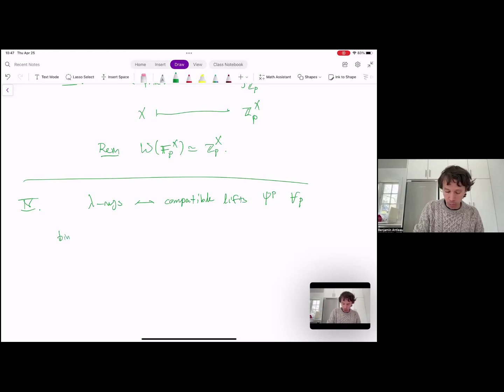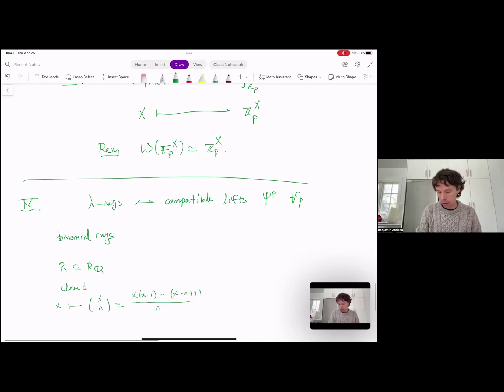And what are called binomial rings in the literature. These are torsion-free rings R, meaning that R is contained in its rationalization, closed under the operation x maps to x choose n, which is x times (x minus 1) through (x minus n plus 1) over n factorial. So they're torsion-free commutative rings which, inside the rationalization, happen to be closed under this operation. Lambda rings correspond to these compatible lifts of Frobenius.